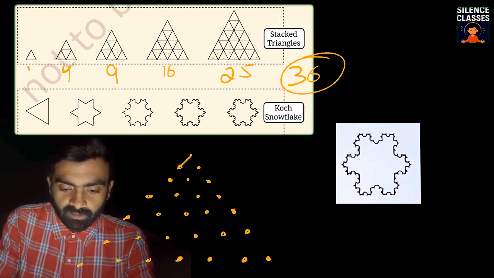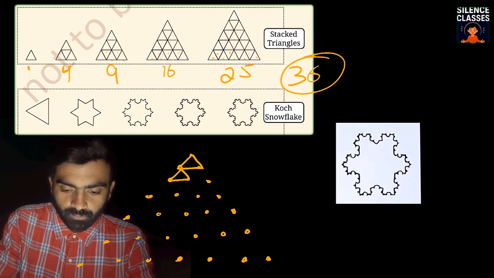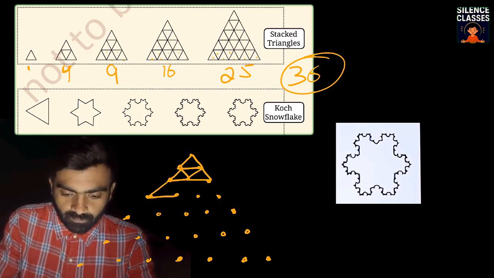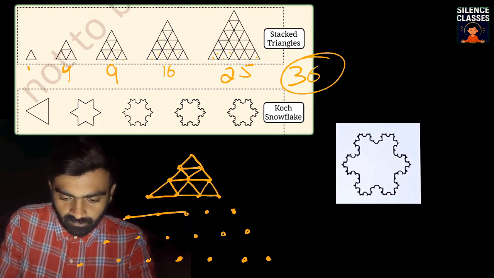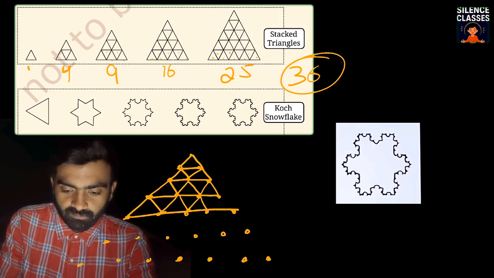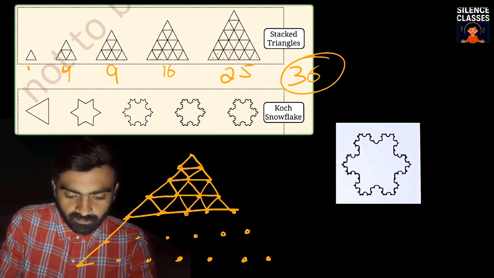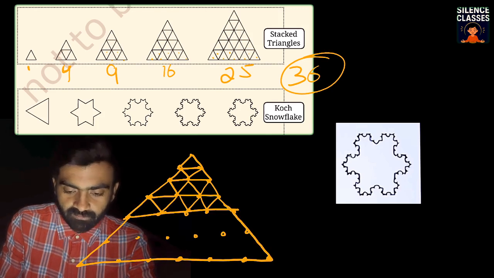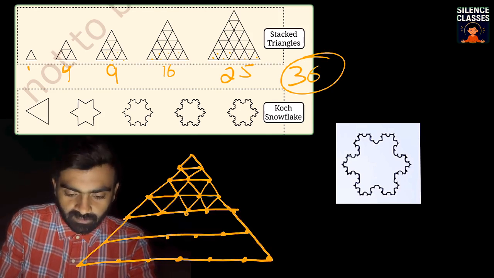Now let's make the triangle 1 2 4 like this. You can join like this, again like this. You can join the lines like this to make a triangle, or you can first of all make a big triangle like this, then join these lines like this.